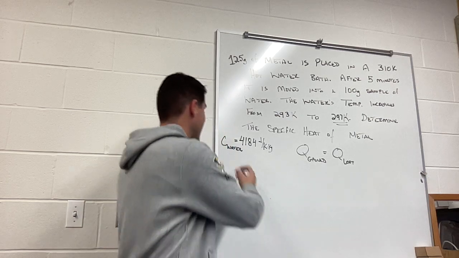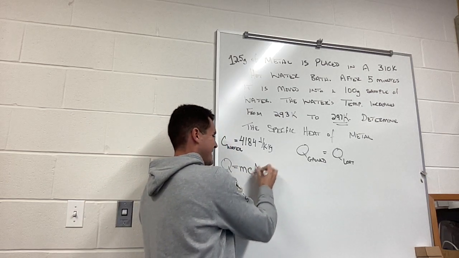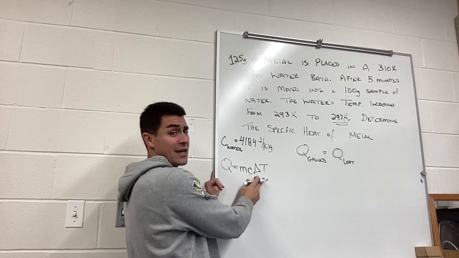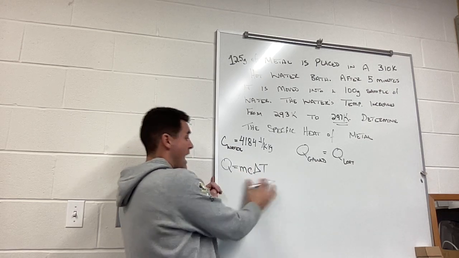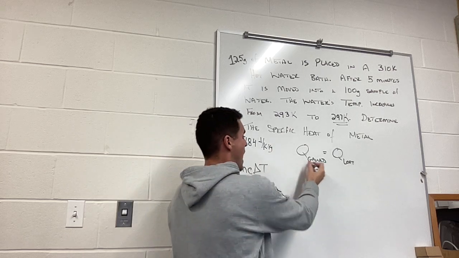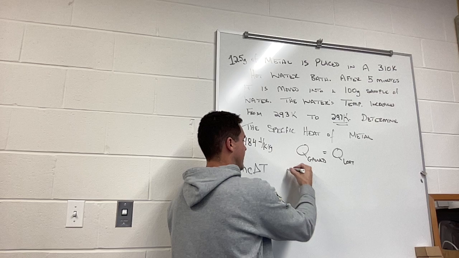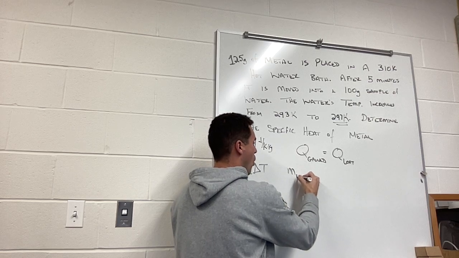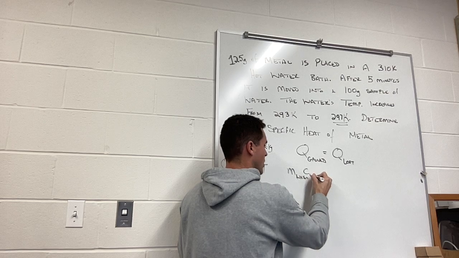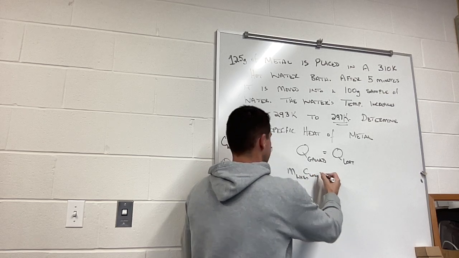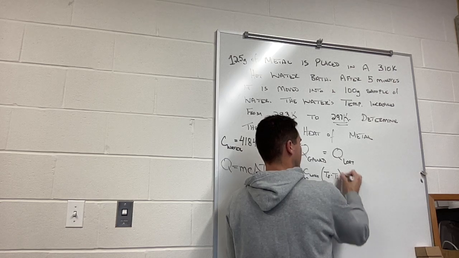On the side over here, we know from our equation sheet, Q equals mc delta T. I call it MCAT, even though it's not an A. It looks like MCAT, and that's like a test people take that aren't teachers, right? So over here, the Q gained is going to be, who gains it? The water gains it. So this is the mass of the water times the specific heat of the water times the change in temperature, which is T final minus T initial for the water.